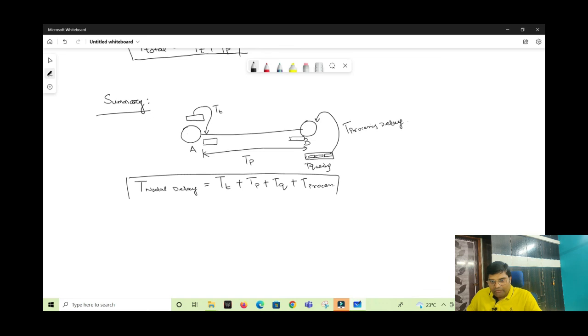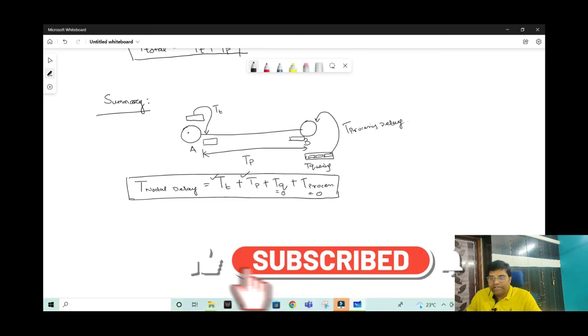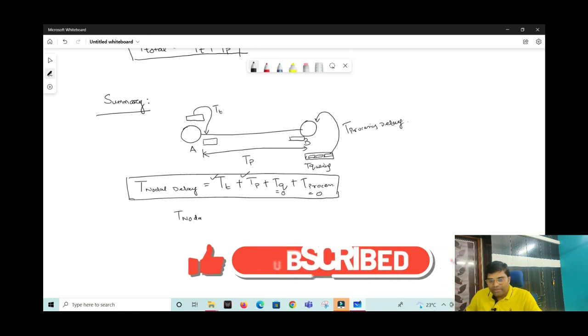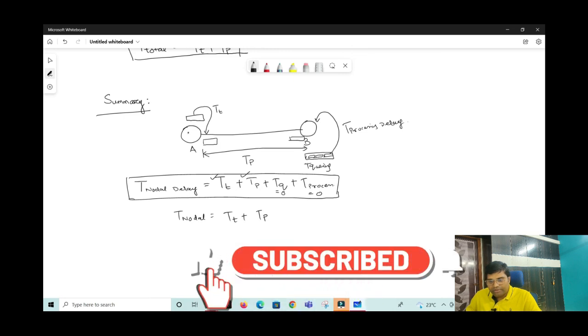We have formulas for transmission delay and propagation delay, but we don't have a specific formula for queuing delay and processing delay, as it depends on the system. So normally we consider these delays as zero. So the total nodal delay is the addition of the transmission delay and the propagation delay.